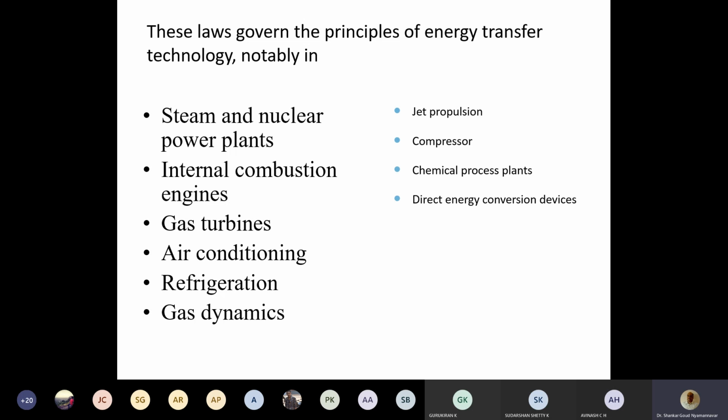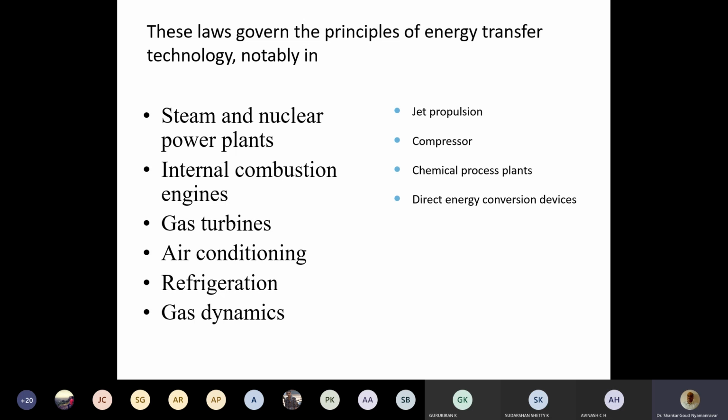One must have a sound knowledge of the thermodynamic laws before trying to understand or work with these technologies, or if you want to develop or improve an existing technology. Let's say tomorrow you join some thermal power plant, for the day-to-day working of the plant, or you feel that you need to improve this thermal power plant.